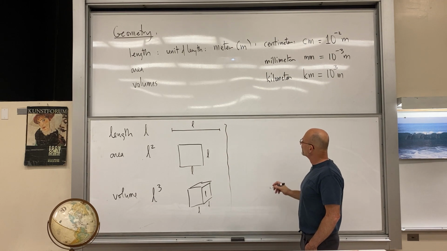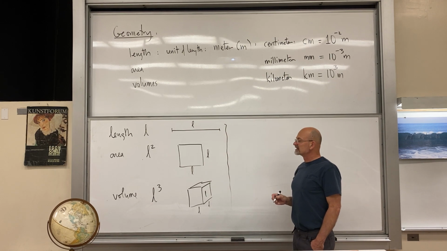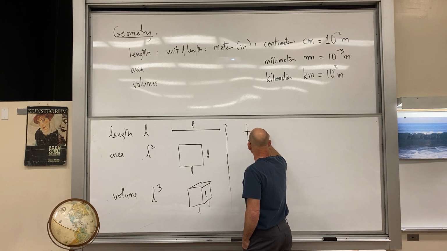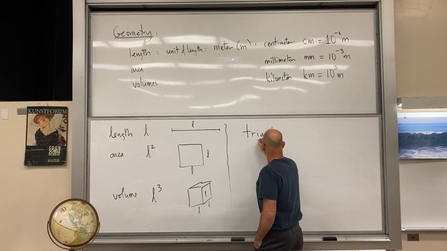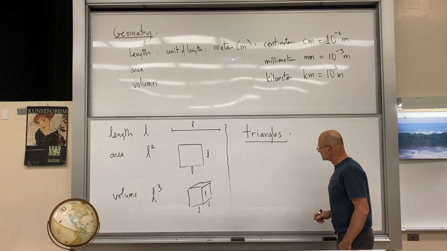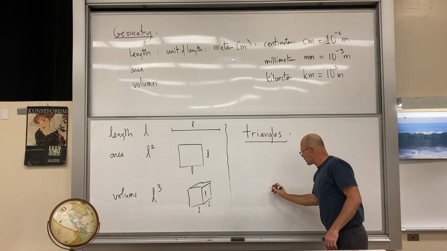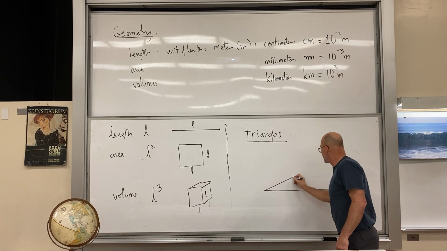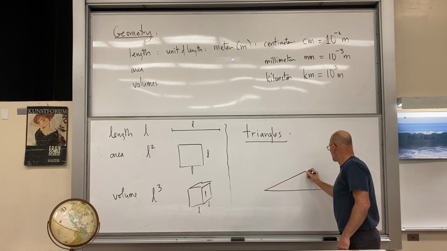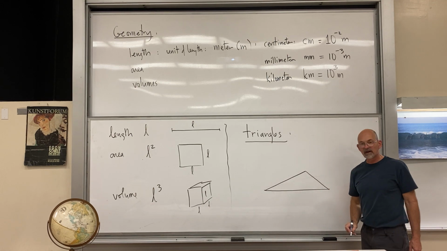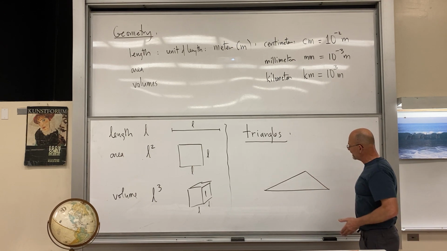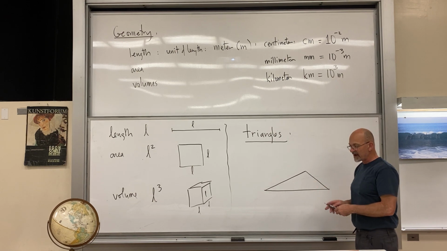Now let's start with a triangle. We're going to do a little bit of work with triangles. So let's go ahead and draw one. There's a triangle. And what can we do? We can label the angles in here. We can talk about the area of a triangle.